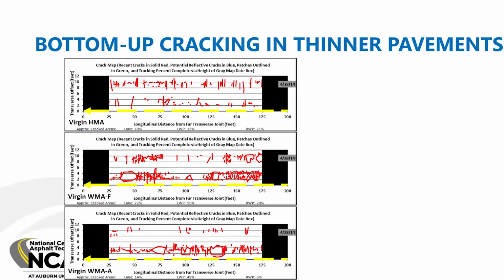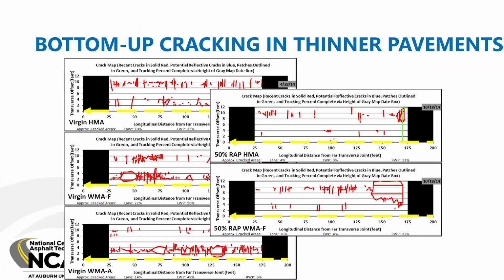So what you see in these relatively thinner pavements is a lot of these transverse cracks. These are some crack maps from a past research cycle. There's always some exceptions, but you do see the classic transverse cracks that have worked their way up to the surface.